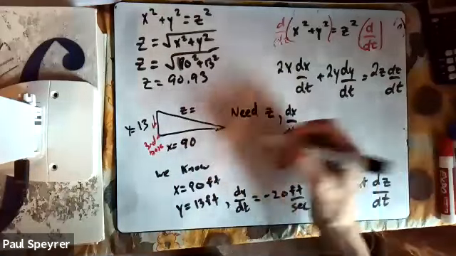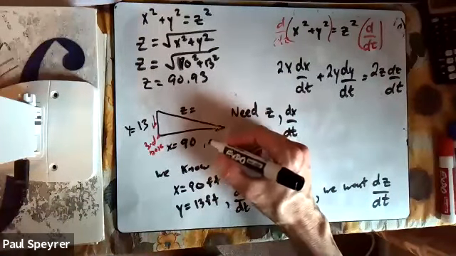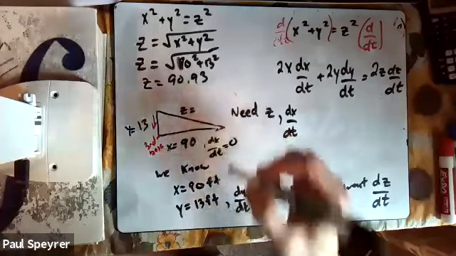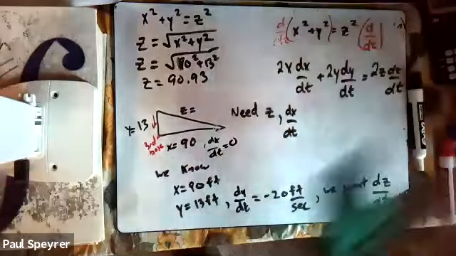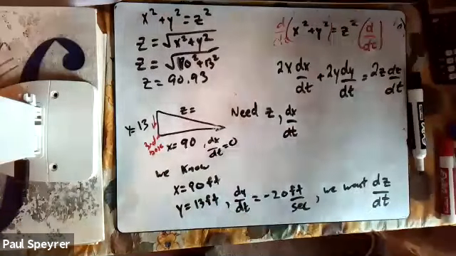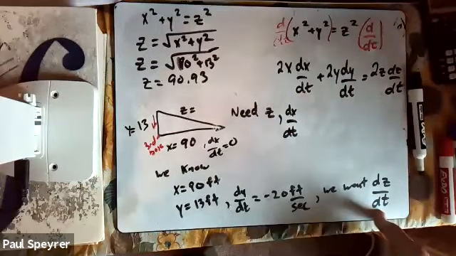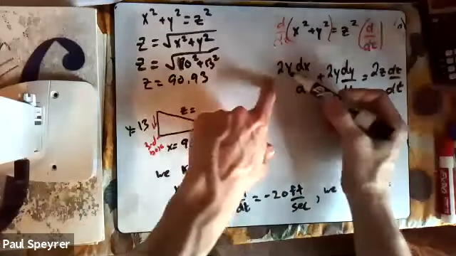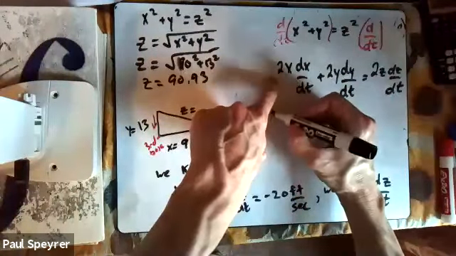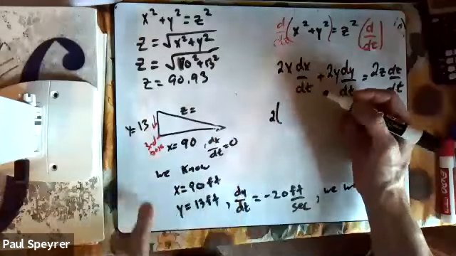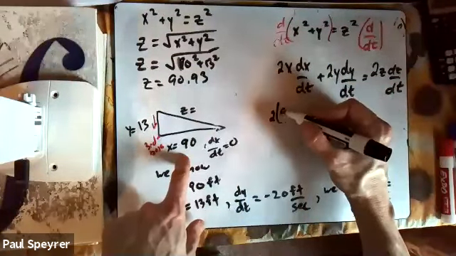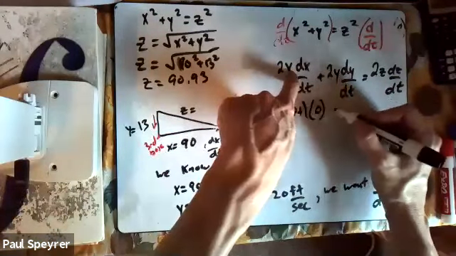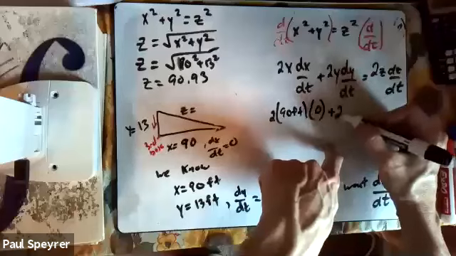So dx dt is equal to 0. So now we have everything, right? We can plug it all in and solve for dz dt. All right, so we start right here. We have 2 times x. X was 90 feet. dx dt was 0, plus 2 times y.